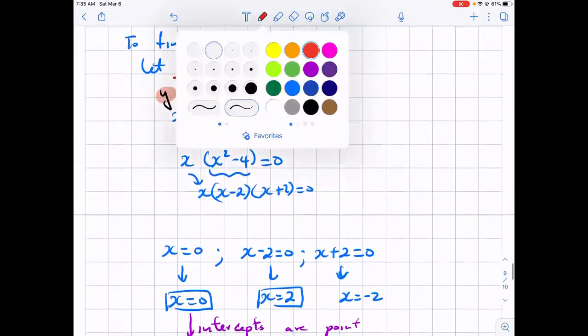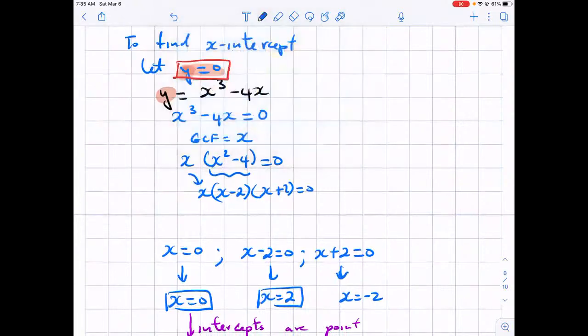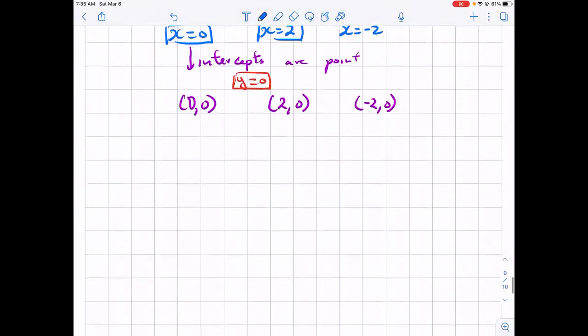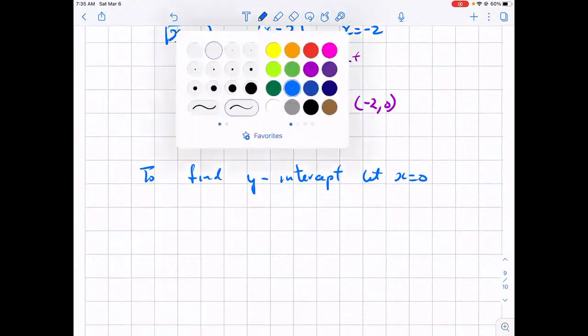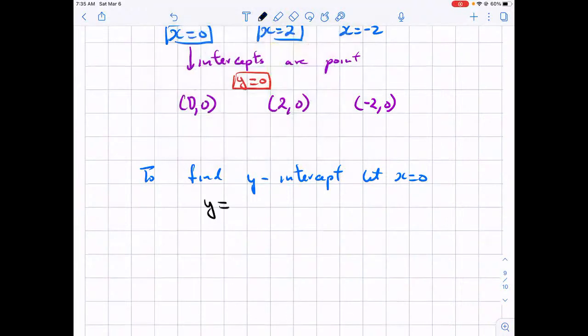Now to find y-intercept, okay, x equals 0. So our equation, y equals x cubed minus 4x.